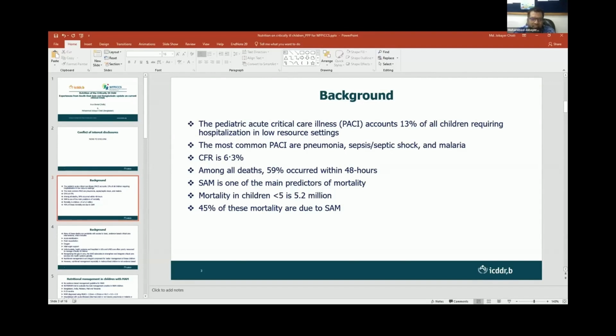The overall case fatality rate among them is 6.3%, but most of these deaths occur in Southeast Asia and Sub-Saharan Africa, and almost two thirds of deaths occur within the first 48 hours of presentation. Severe acute malnutrition has been found to be one of the predictors of mortality, and a significant proportion of deaths occur due to it, especially in India, Pakistan, Bangladesh, and sub-Saharan Africa, irrespective of HIV status.